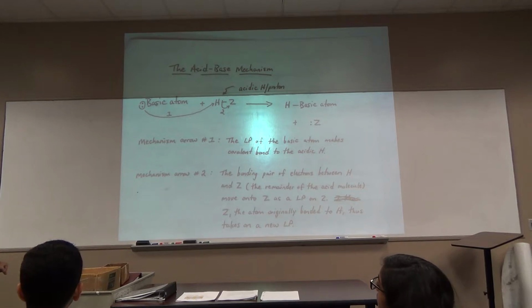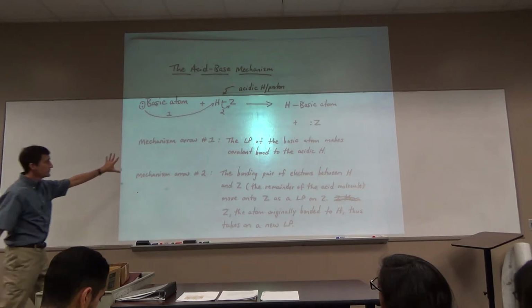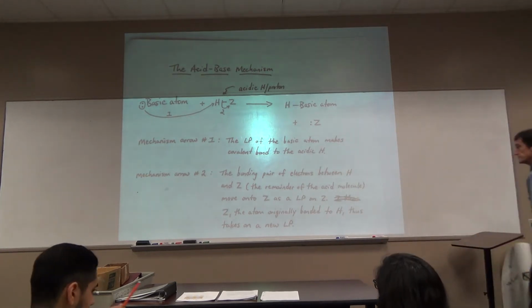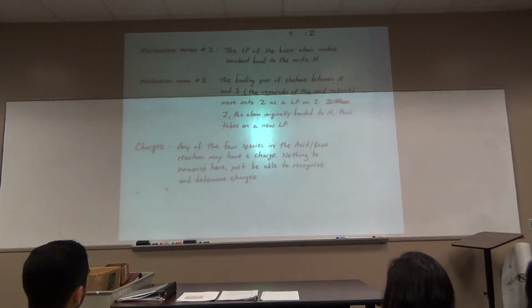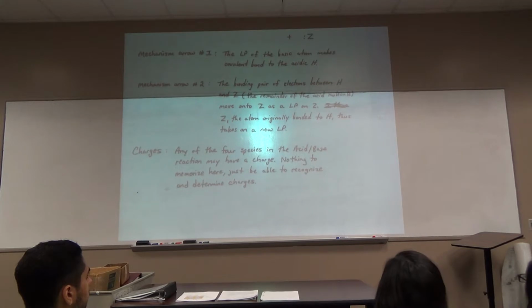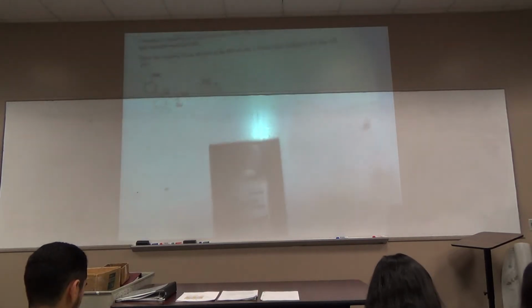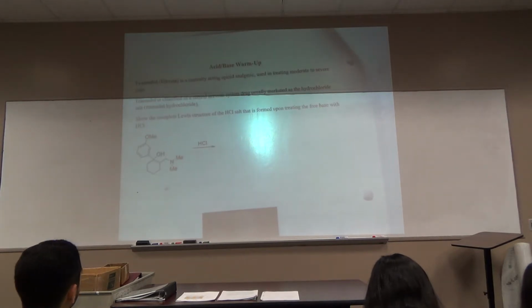Recognizing acids, recognizing bases. Okay, I explained the two arrows. There you go. Charges at the bottom. I discussed it. Yeah. Okay. Now you can go back and you can do the same thing right there.